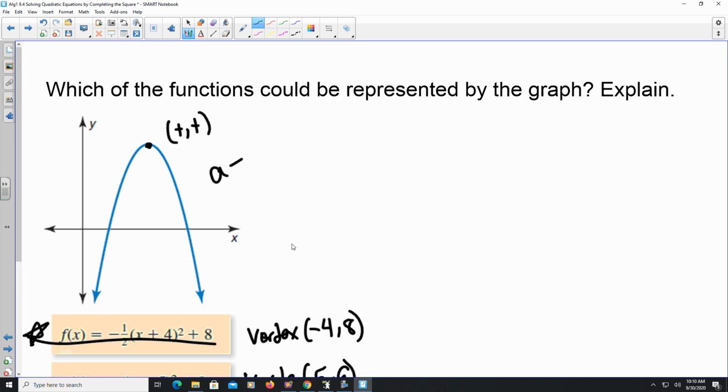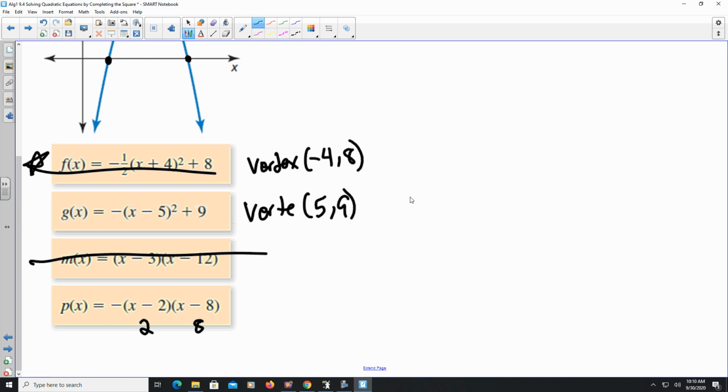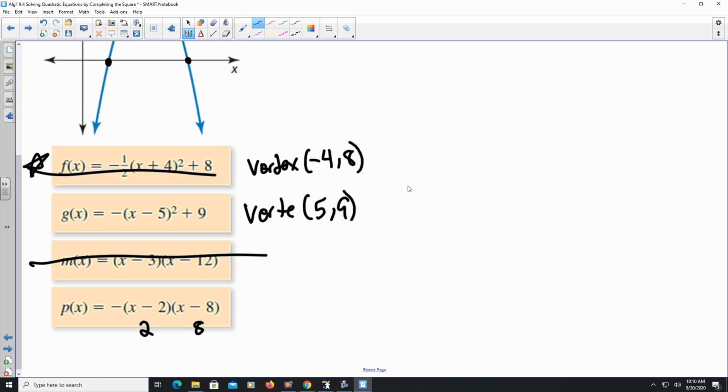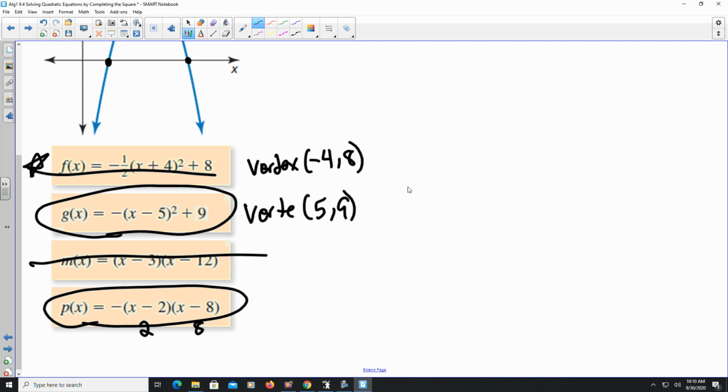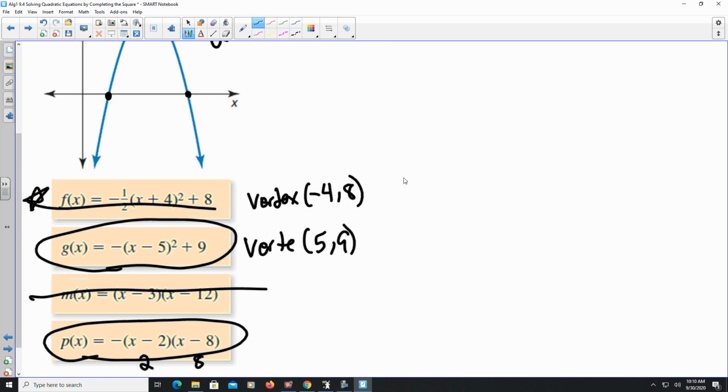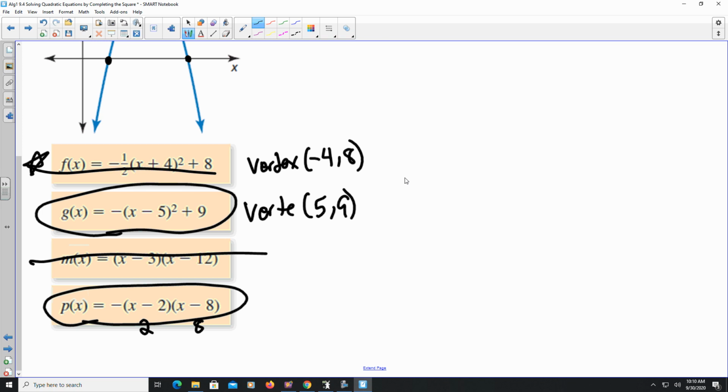Could this be 2 comma 0 and this could be 8 comma 0? Absolutely. So I have two possible answers. I could say that this one is definitely a possibility, and this one is definitely a possibility. Since there's no other numbers to it, I can't make any other conclusions. So it could be these two answers.